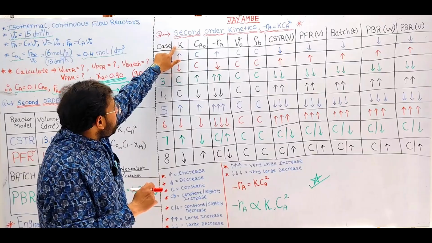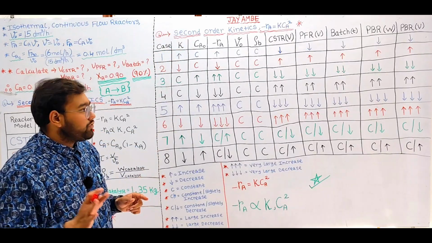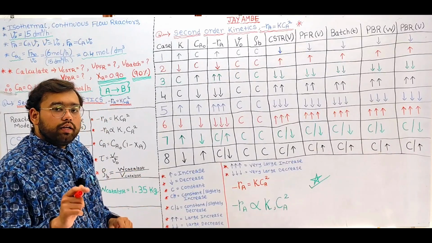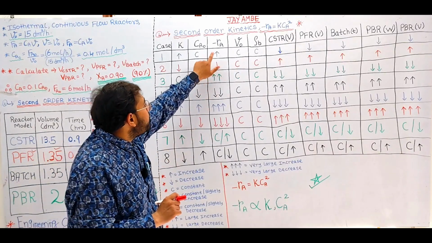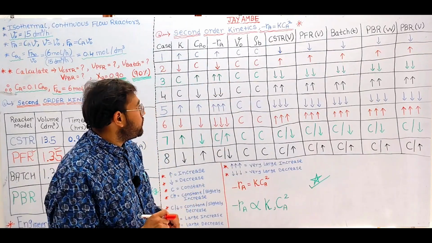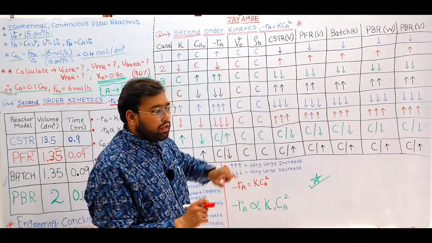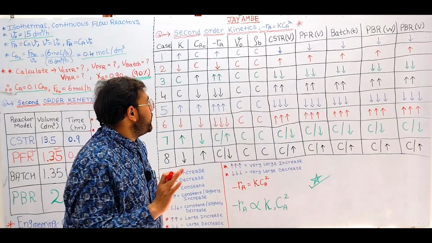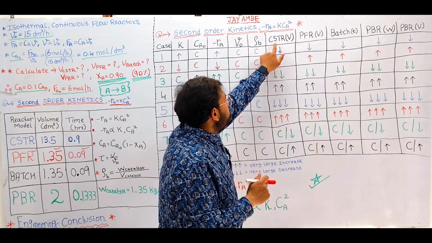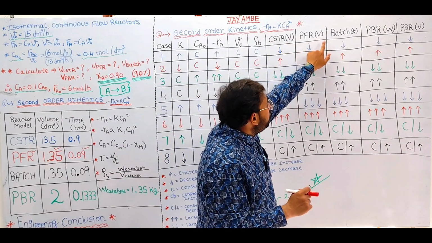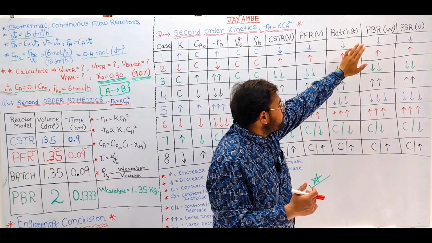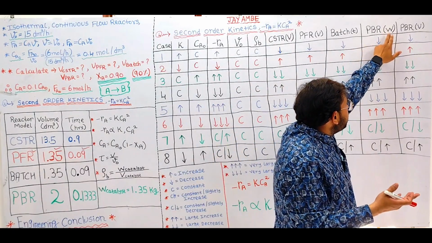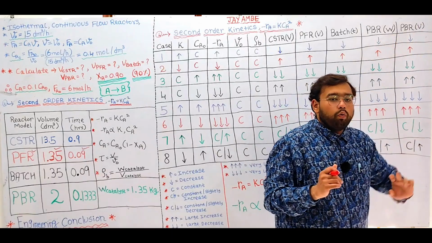Here K represents the rate constant, C naught represents the initial concentration of the reactants in the reactor, minus RA represents the rate of the reaction, nu naught represents the volumetric flow rate, rho B represents the bulk density, and we have the CSTR volume, the PFR volume, the batch reaction time, the packed bed reactor weight of catalyst requirement, and packed bed reactor volume.